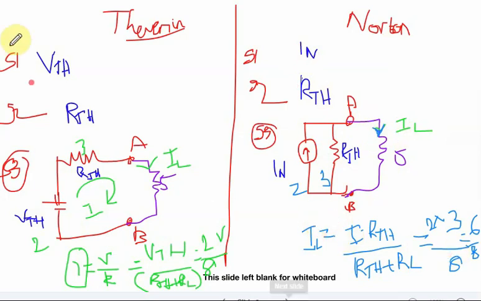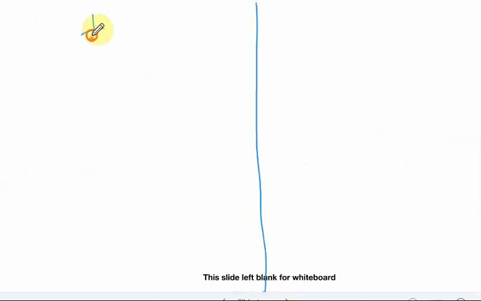Okay, so let's see how to find the VTH in Thevenin's theorem. Take one circuit; I am going to write it for Thevenin's theorem, and it applies to Norton also.